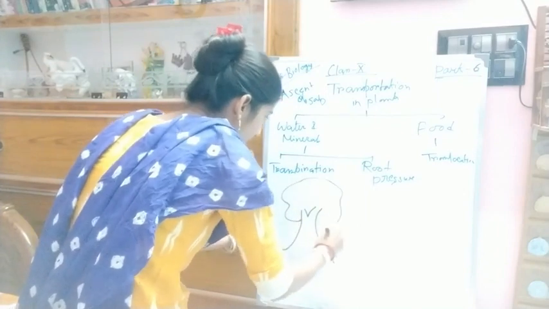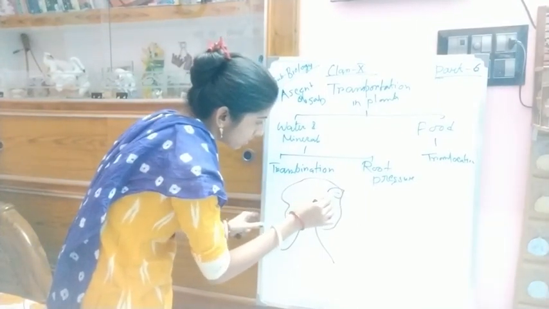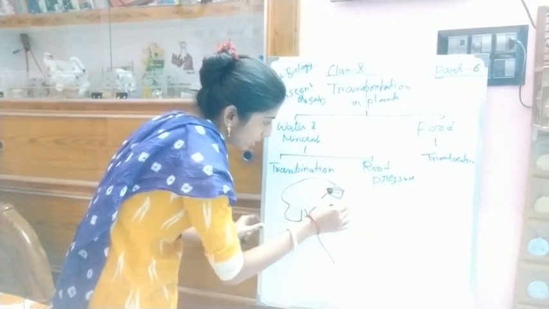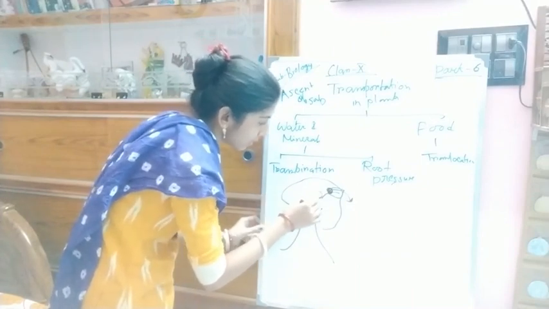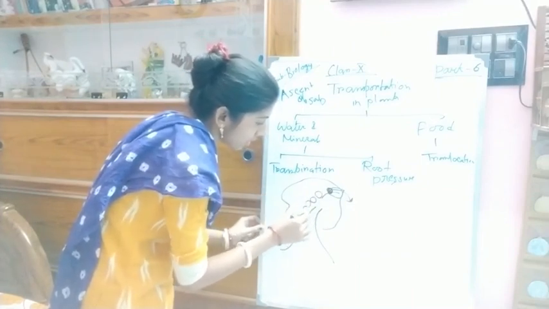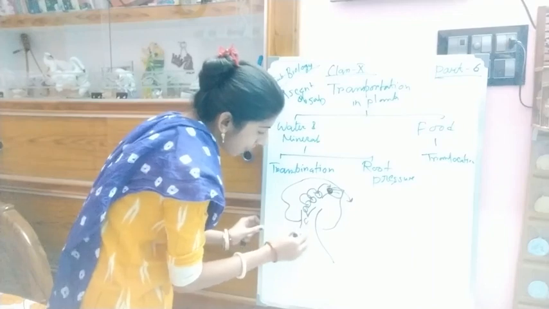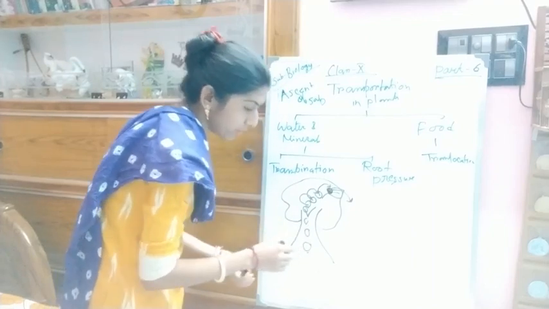And how? If I draw a diagram of a plant, just imagine that is a leaf. If that one is a water molecule, it is released through transpiration. Now this space is vacant, and the water molecules are present here, so this water molecule will move there, and this water molecule will move to this one. At last there will be a vacant space, and it will be filled by this.